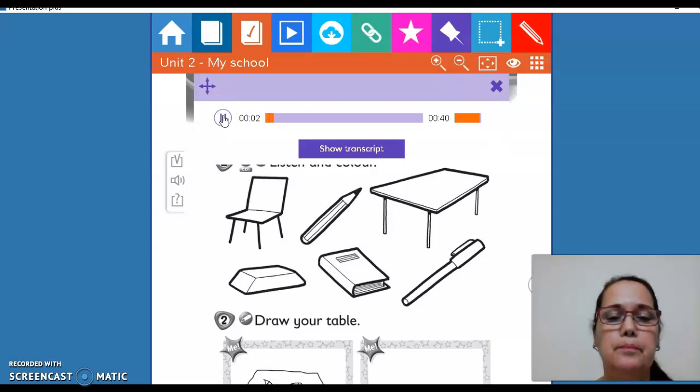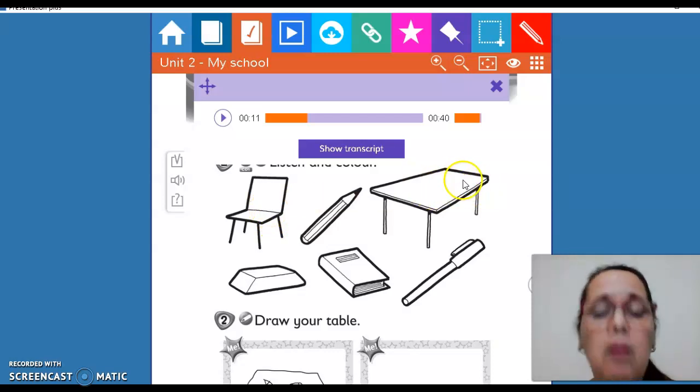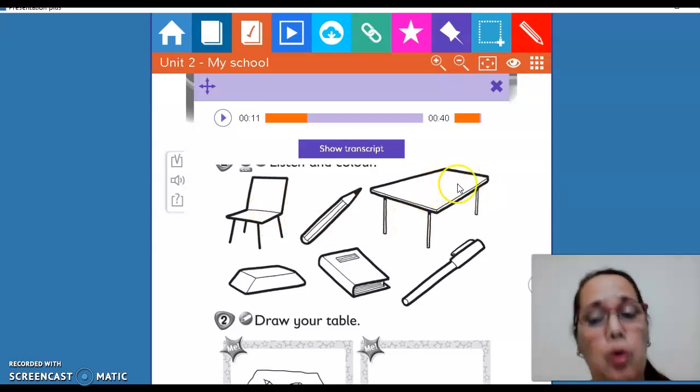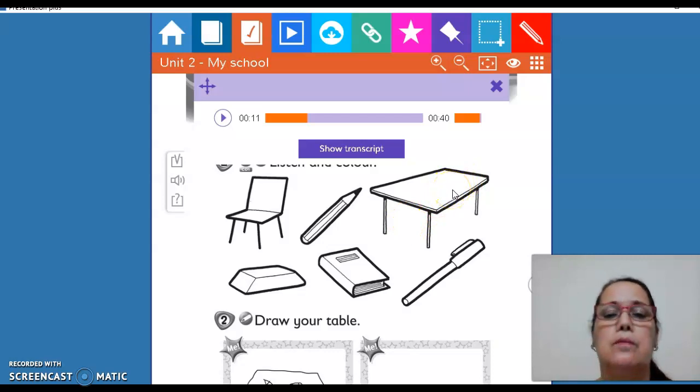Activity book, page 10. 1. Listen and colour. The table is red. Is it the table? No. Is this the table? Yes. What color the table? Very good. Red. Color the table red. Good. The chair is orange.